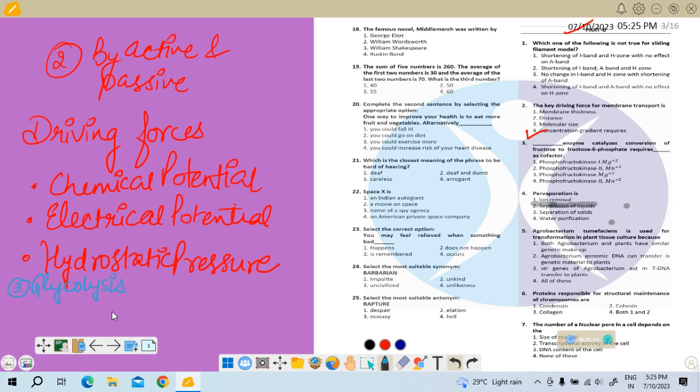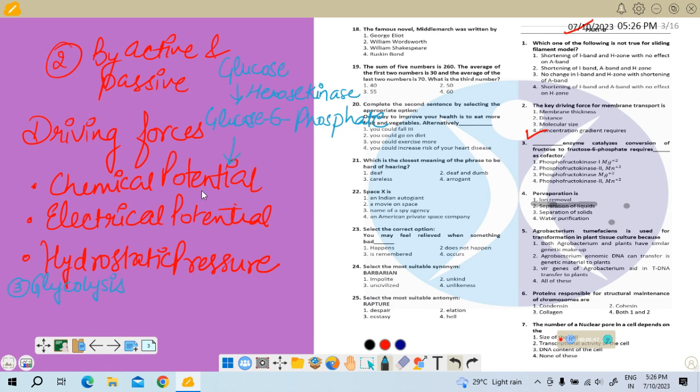In glycolysis, you might be knowing the conversion, right? The first step is that glucose converts to glucose 6-phosphate, and that is through the enzyme hexokinase.